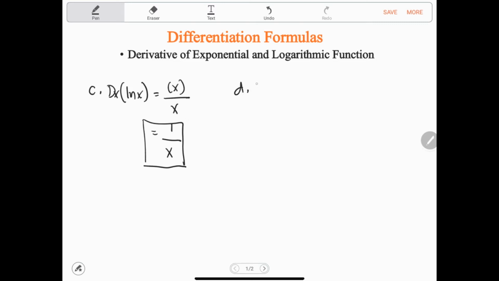Last, the derivative of the quantity log base a of x is equal to the derivative of x over, just copy x, ln, then copy the base, so it's going to be a.